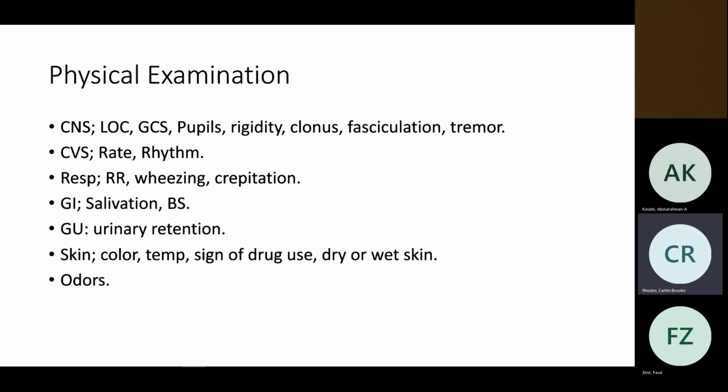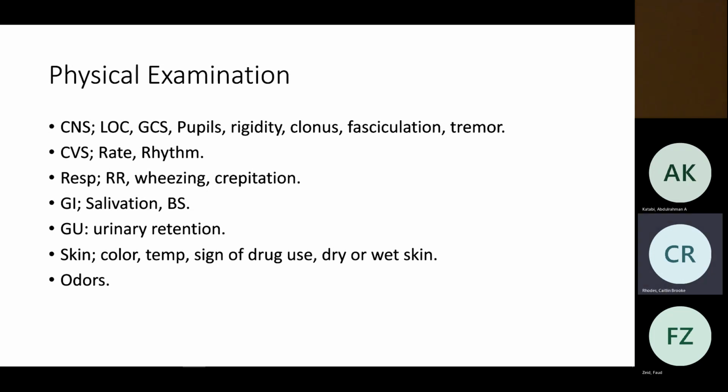The cardiovascular system: we have to see, is the patient bradycardic? Is the patient tachycardic? Bradycardia usually, as you know, goes more with opioid overdose. If you see tachycardia, then you think about sympathomimetic overdose. Respiratory: if patients have apnea or hypopnea, respiratory depression, then you think about opioid overdose, benzo.